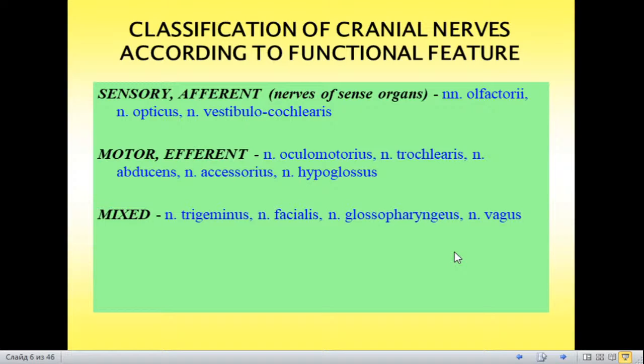So due to this, we consider the oculomotor nerve as definitely motor or efferent, but not mixed. And the last group, mixed nerves, those having two components, sensory and motor or efferent. And this group involves trigeminal nerve, facial, glossopharyngeal, and vagus nerve.